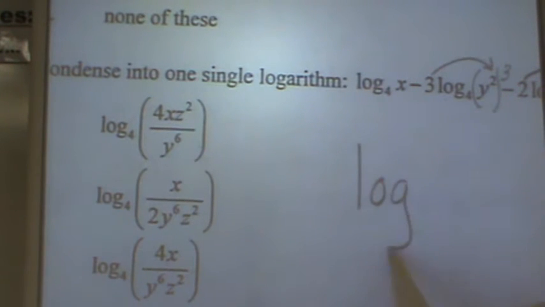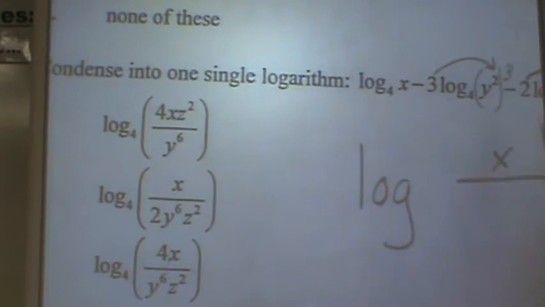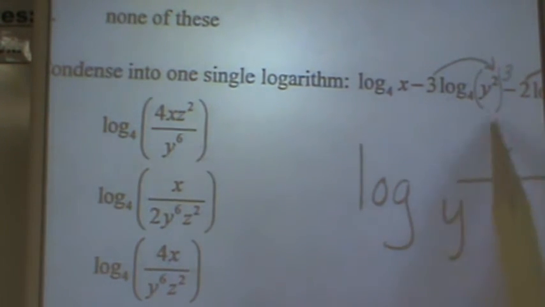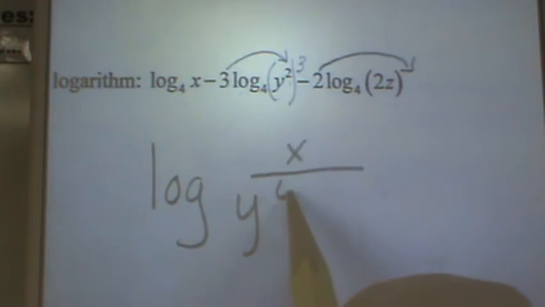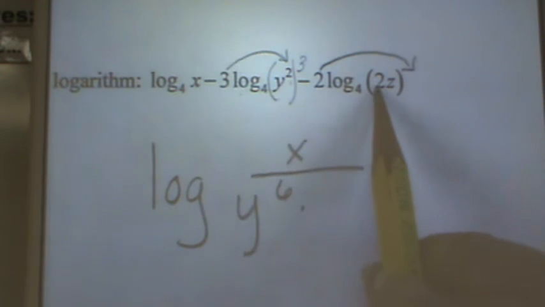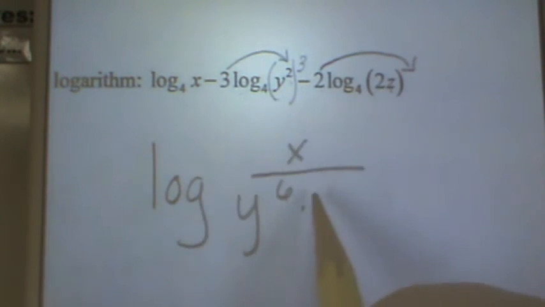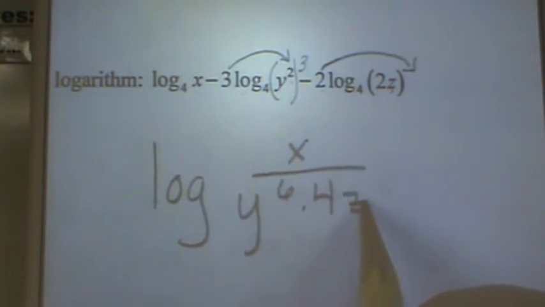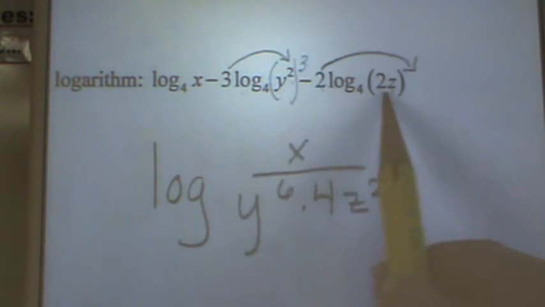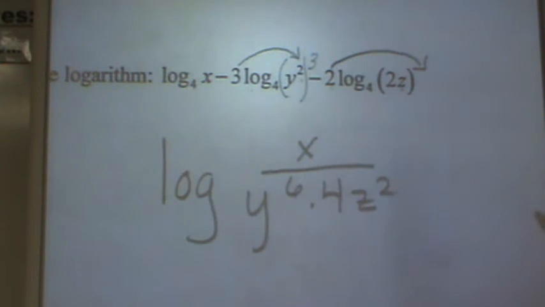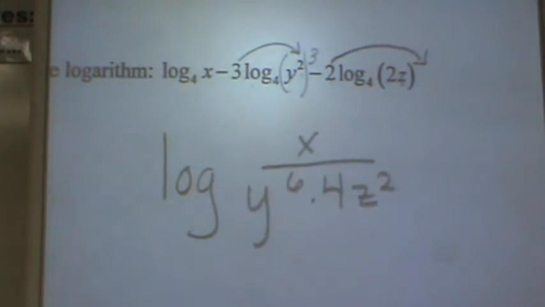So it's the log, we'd have x on the top, and we have a y with a 6th power, because 2 times 3 is 6, and then times 2 to the z power, 2z, and we're going to square it, would be 4z squared, squaring both of these. So the answer I would pick would be letter E for that one.